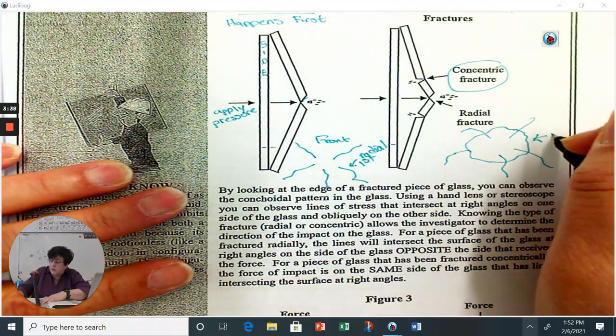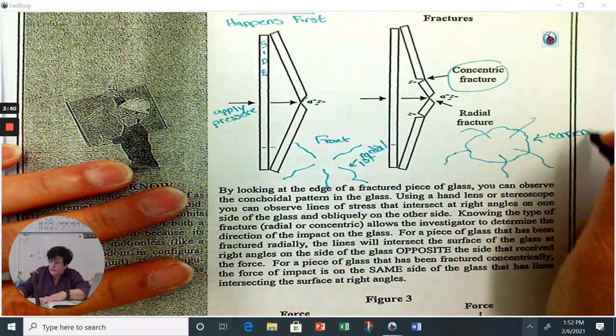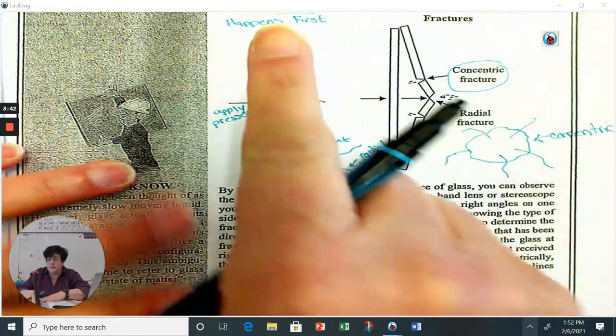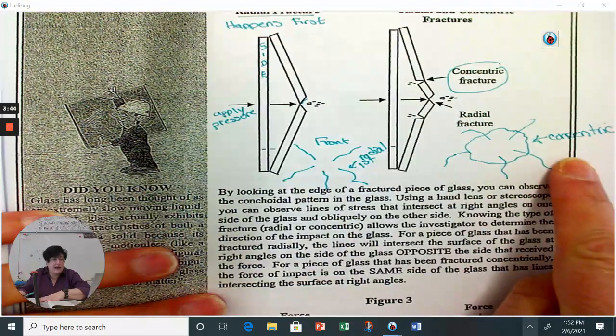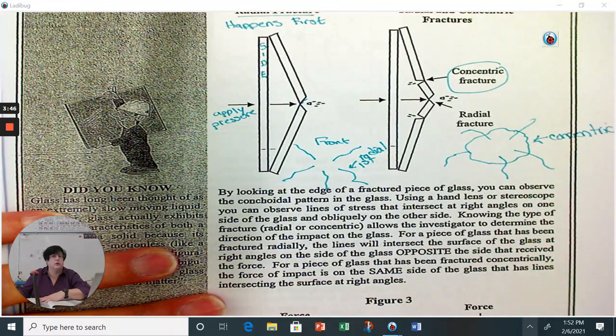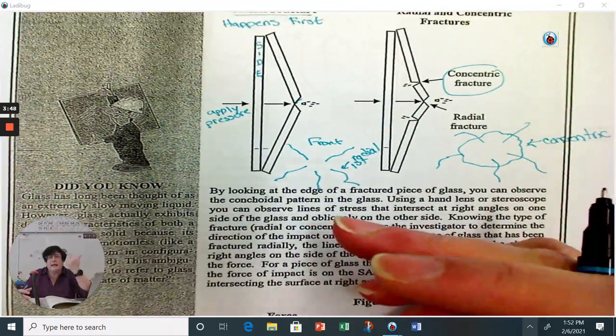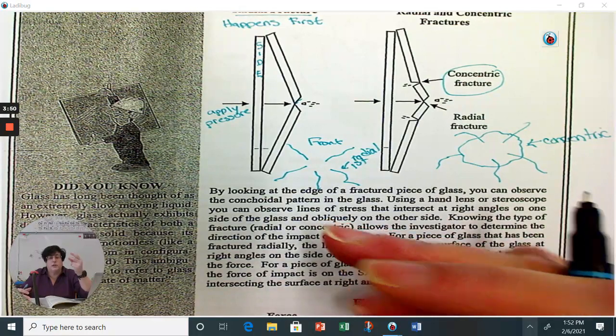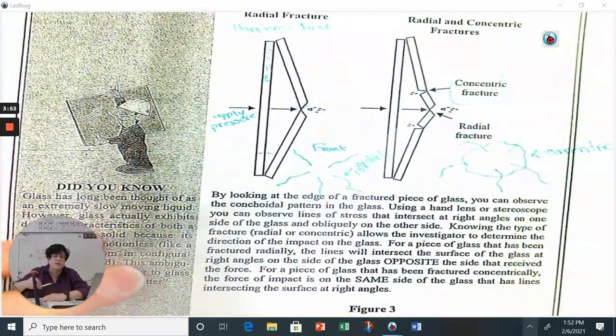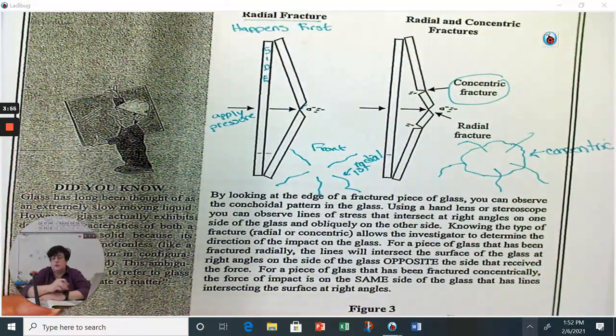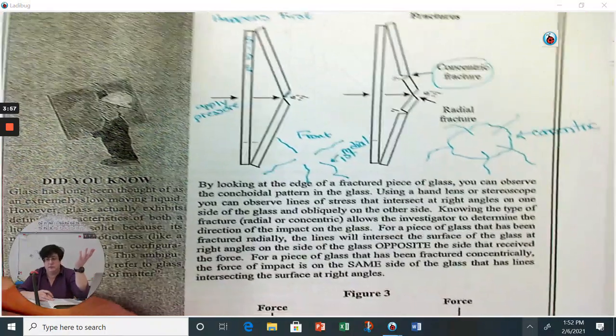These are the concentric, and this happens after the radial. This happens first, this happens after, but immediately after. You can't visually slow it down with your eye to see the two individual things happening. It's like bam, bam, and you don't notice the difference.